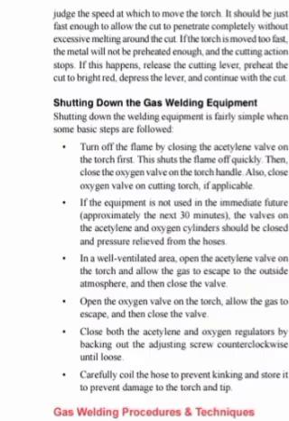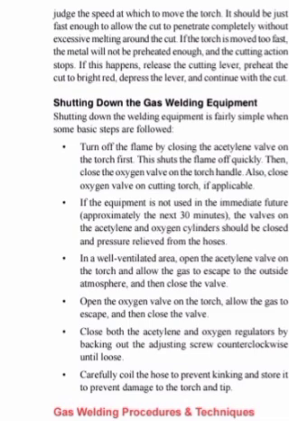If the equipment is not used in the immediate future, approximately 30 minutes, the valves on the acetylene and oxygen cylinder should be closed and pressure relieved from the hoses. In a well-ventilated area, open the acetylene valve on the torch and allow the gas to escape to the outside atmosphere. Then close the valve.